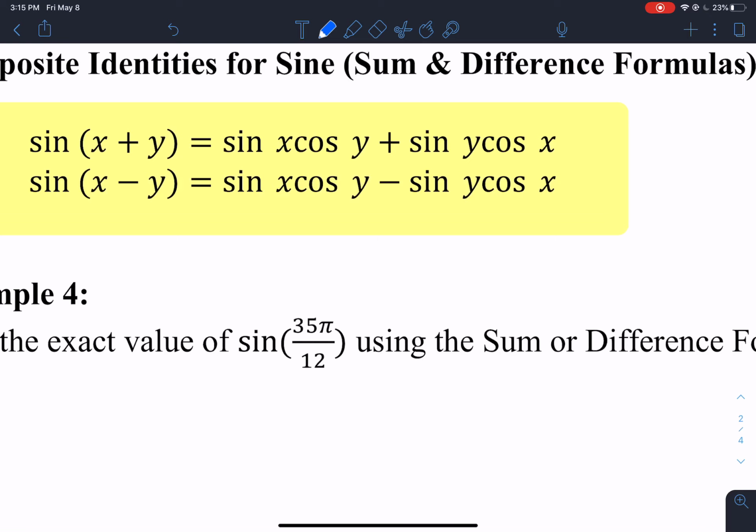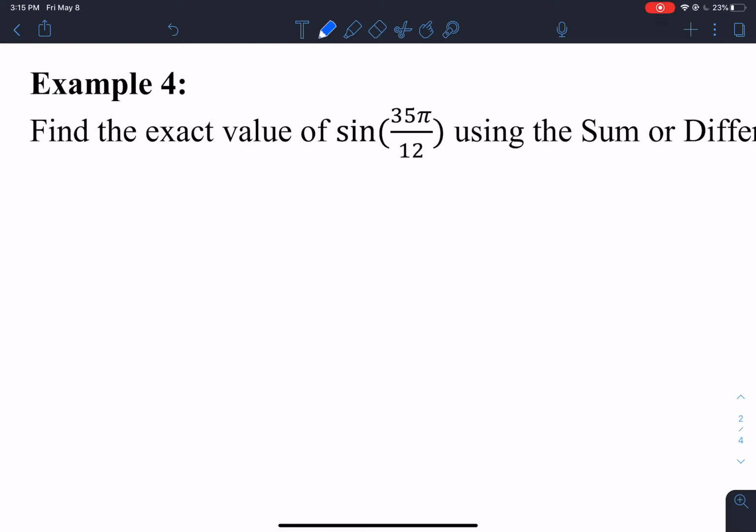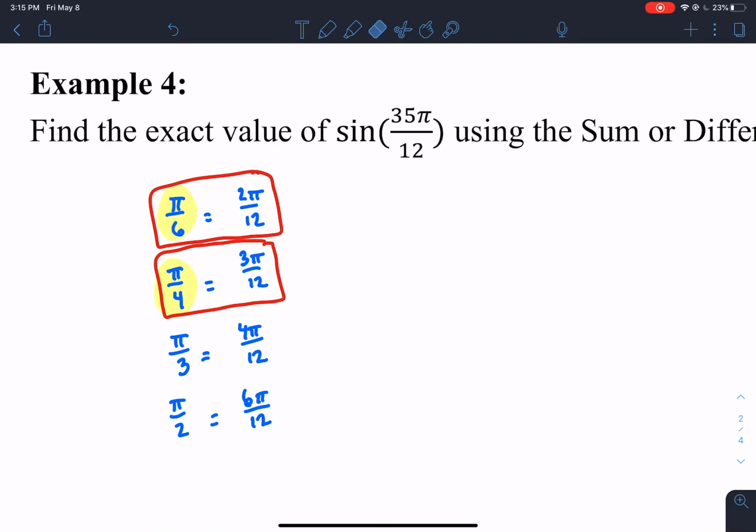So now, again, for this one, we got 35 pi over 12. So I need, again, two things that either add or subtract to give me 35 pi over 12. Obviously none of these on the screen are going to give you 35 pi over 12, right?